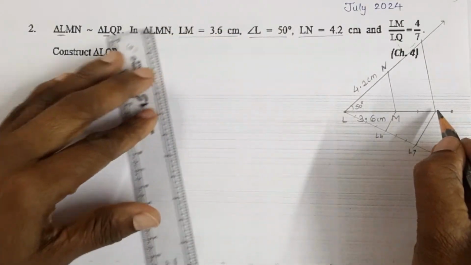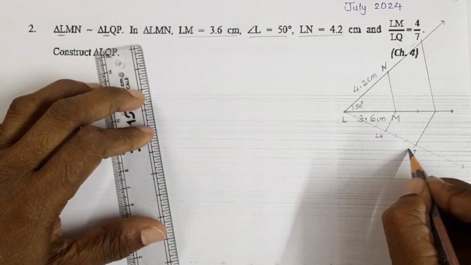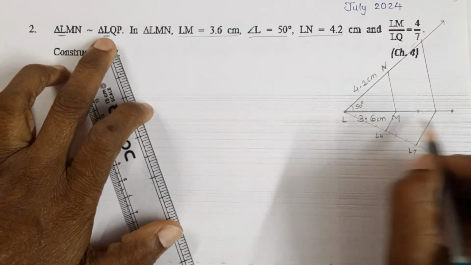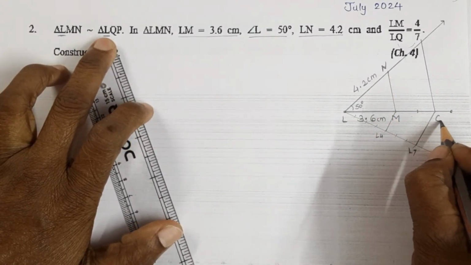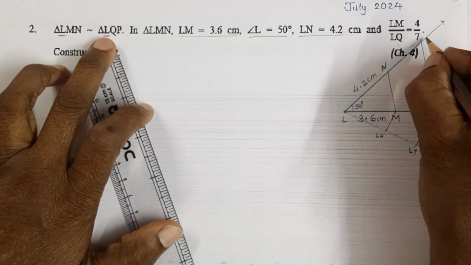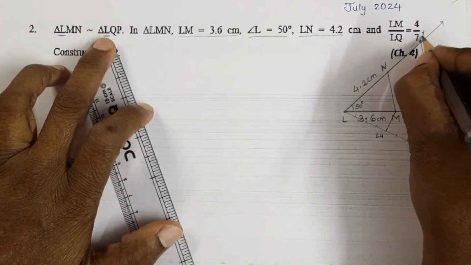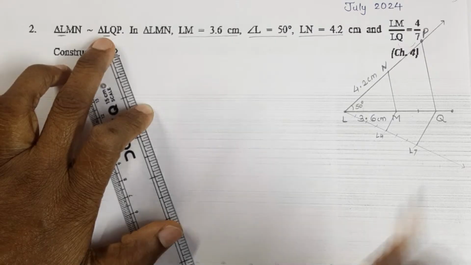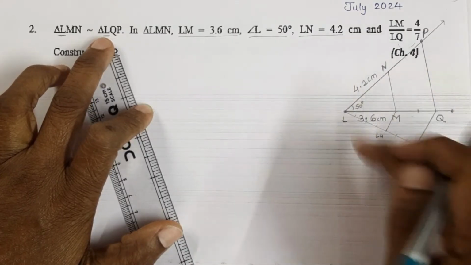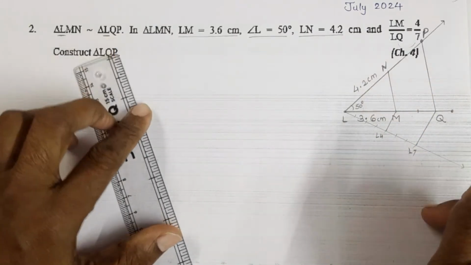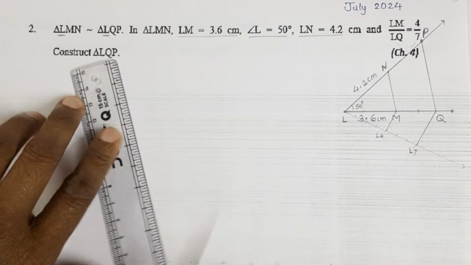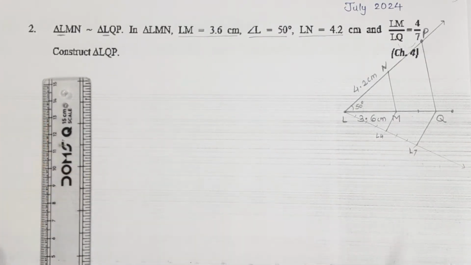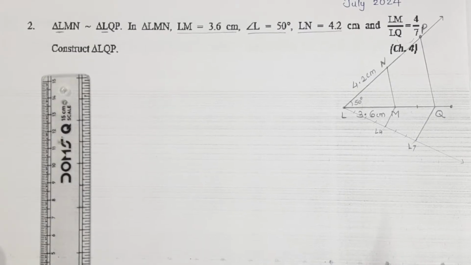Now here will be LMN, and here LQ, and this point will be P. So this is our rough diagram. In such a way we have to draw the figure, so do the process one by one.